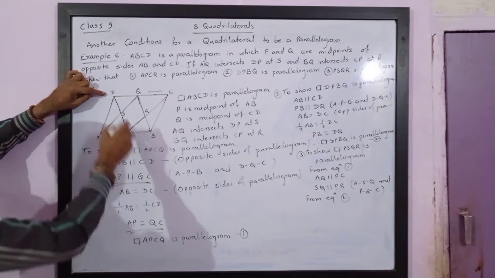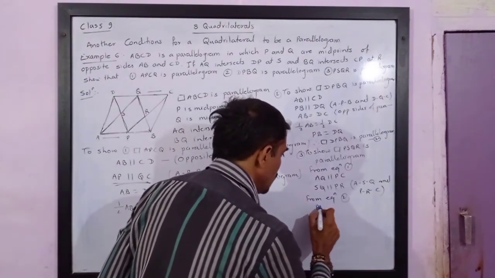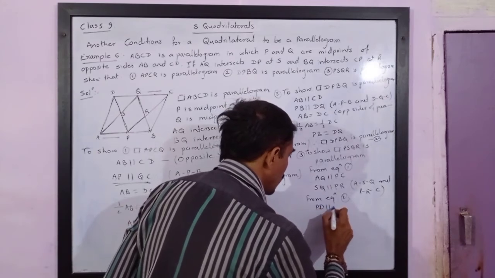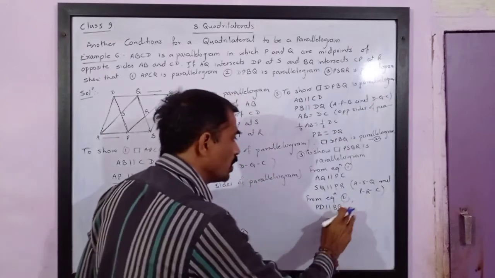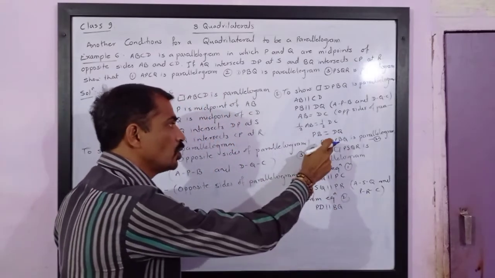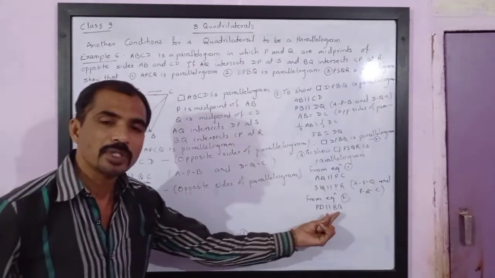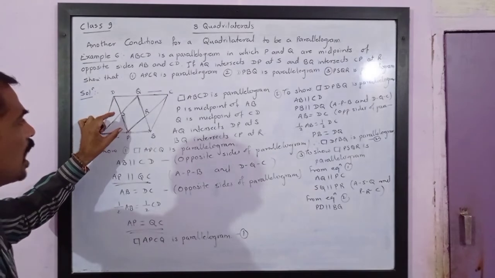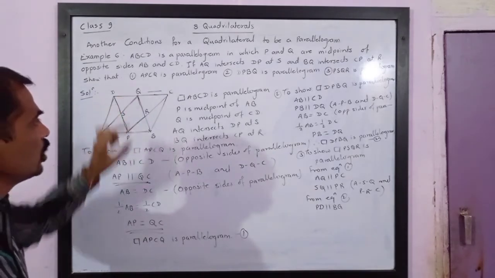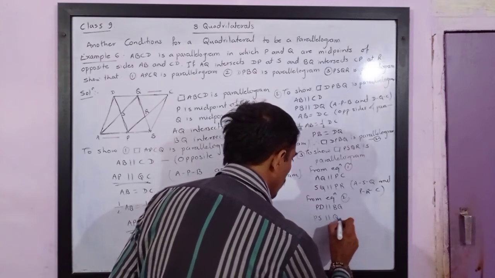It means PD is parallel to BQ, because from equation 2 DPBQ is a parallelogram, so its opposite sides are parallel. So I can say that PS is parallel to QR.